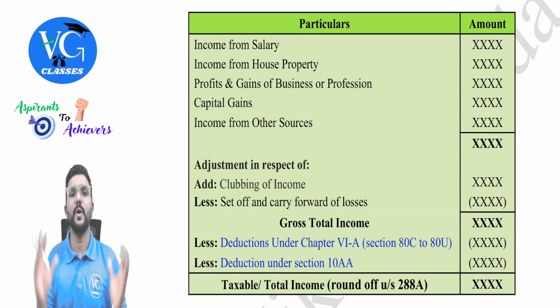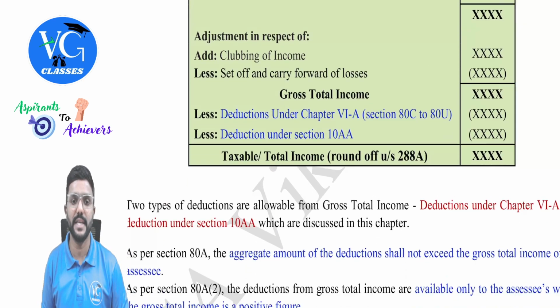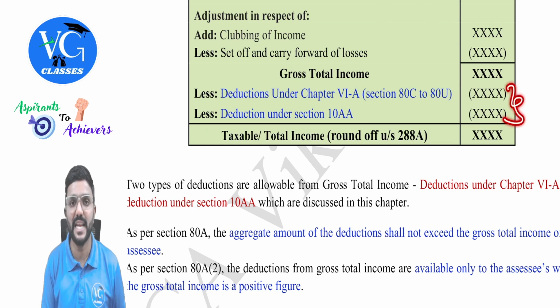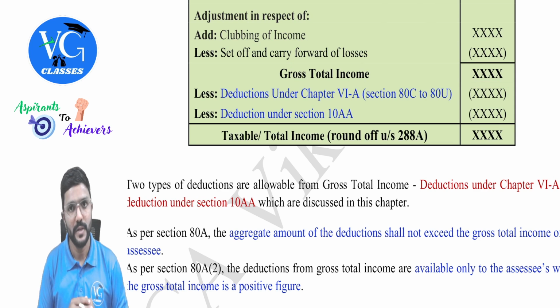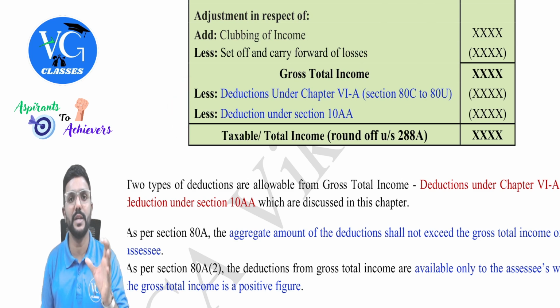Okay. So after all these adjustments, we get a gross total income against which the assessee can claim these two deductions. One thing we should always check is that the amount of deduction which an assessee is claiming here can never be more than gross total income, guys. So the maximum deductions which he can claim, both of these put together, is the gross total income or less than that.